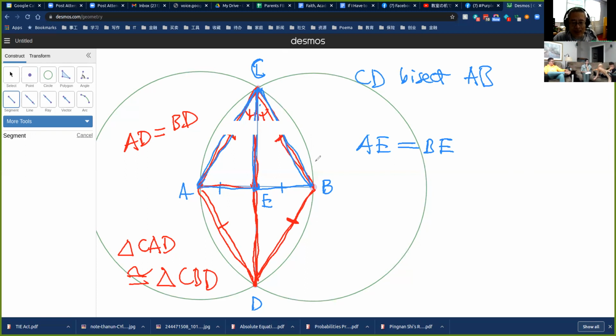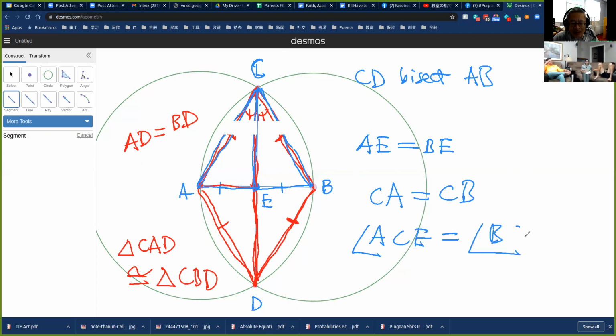Okay. So we know CA is congruent to CB. And we now know angle ACE is congruent to angle BCE. So this angle and that angle are congruent.